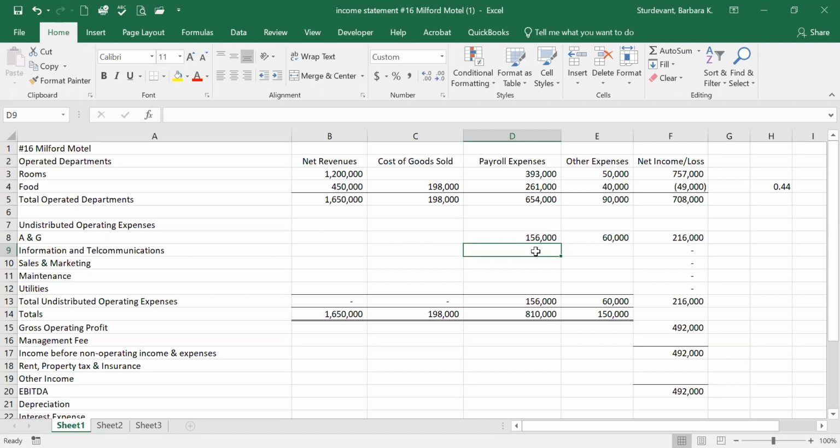All right. What are we? Information and telecommunications. What do we have here? 30,000. Okay, and it's just a contract, right? Okay. Sales and marketing, what do we have? $50,000. Okay, so we've got advertising for 50,000, right? Is there anything else?